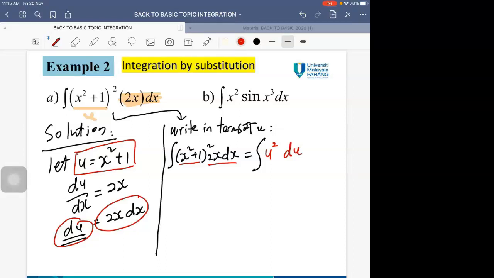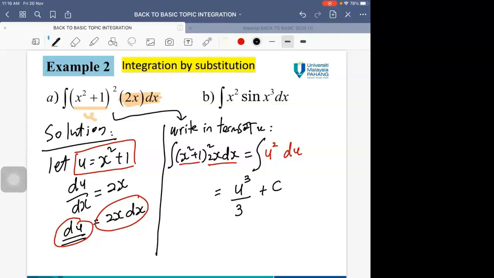Now you just need to evaluate u squared with respect to u. What do you get here? If you integrate u squared with respect to u, you get u power 3 divided by 3, plus c.